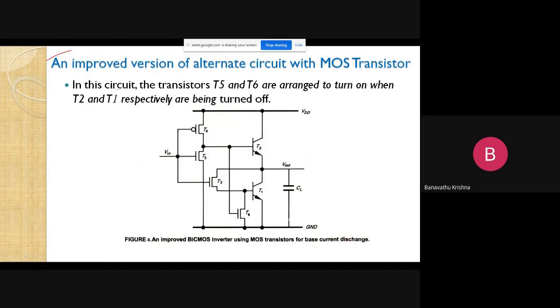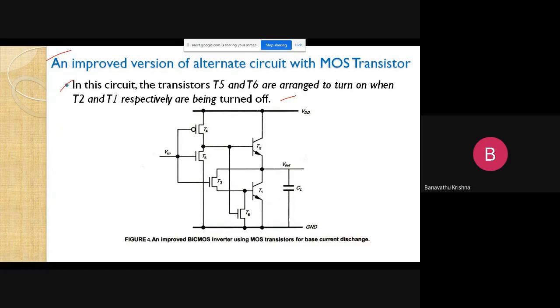So in this circuit, the transistors T5 and T6 are arranged to turn on when T2 and T1 respectively are being turned off. Generally we need to discharge the base current path, so we arrange resistors, but resistors occupy very excess area in the fabrication processing technique.